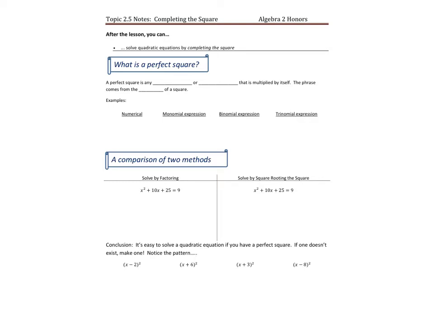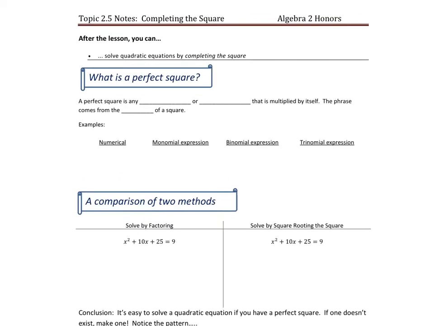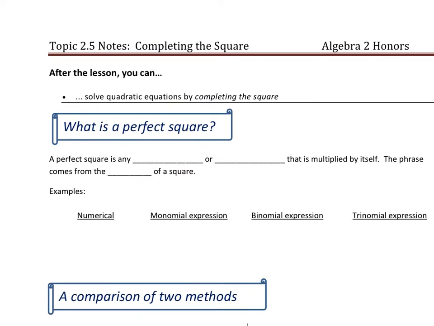Okay, so let's talk about what a perfect square is, first of all. A perfect square is any number or algebraic expression that is multiplying itself. So that's going to create a perfect square. For example, 2 times 2 is a perfect square. That creates 4. 10x times 10x is 100x squared.